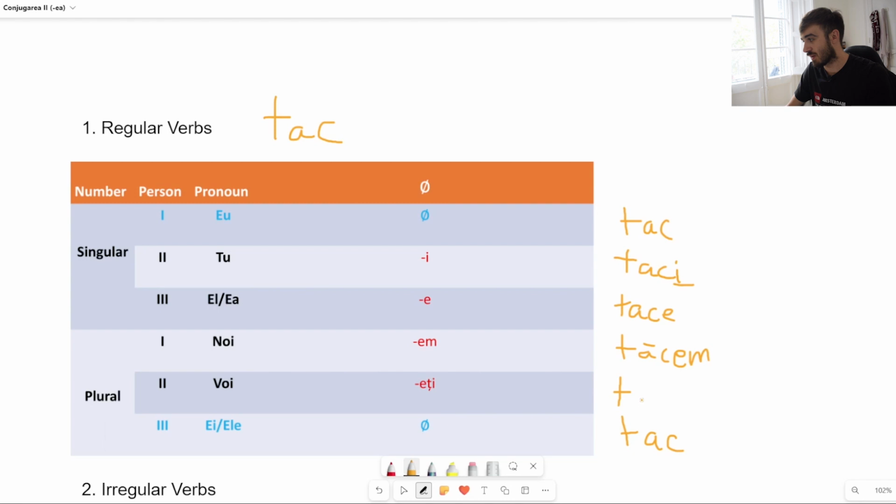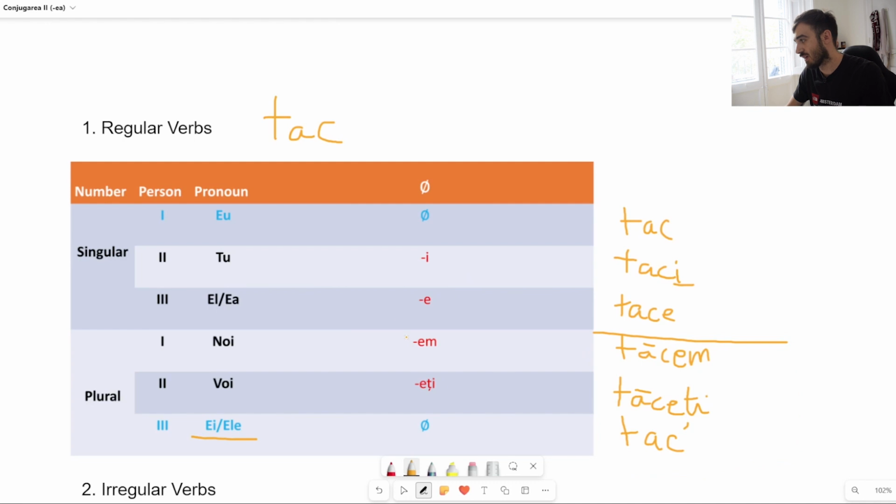And the voi form respects the same rule, tăceți. This is a common pattern, so along the eu, ei, ele, that takes the form of either eu or el-ea, this rule that verbs in present tense reset completely starting with the noi form and then apply the same to the voi form, those are patterns that you should be aware of.